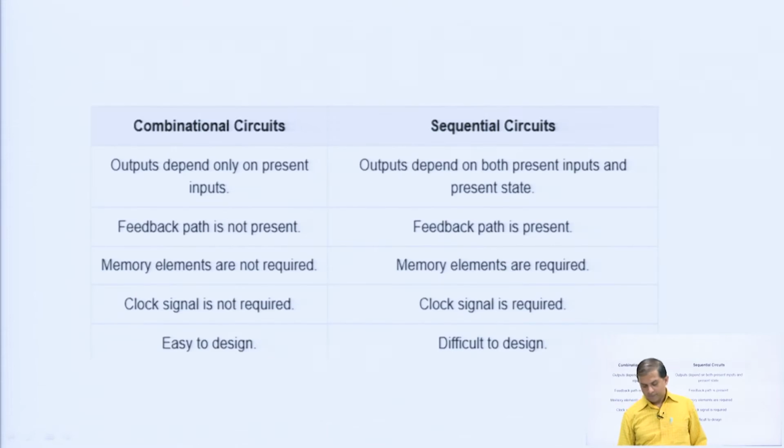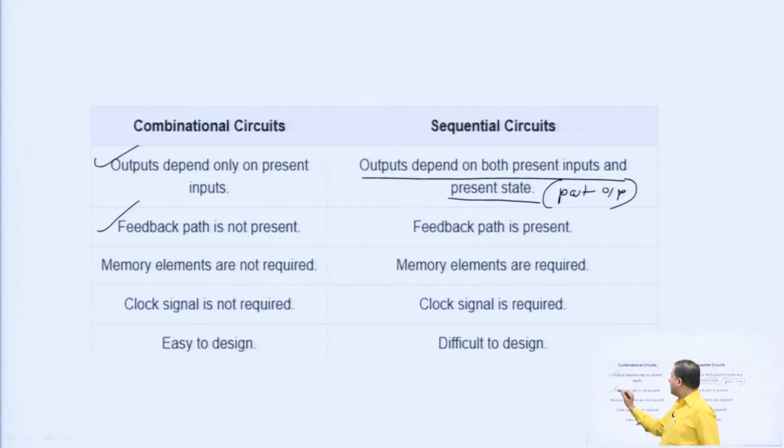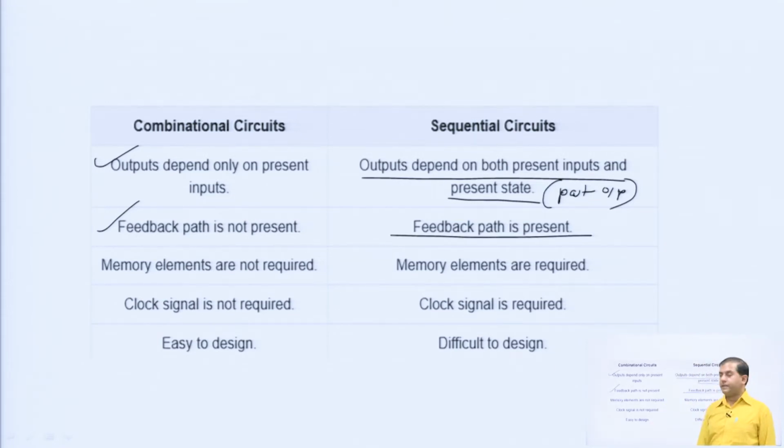Next, what are the differences? Already I have told that output depends on the present input in the case of a combinational circuit. For a sequential circuit, output depends on both the present input and the present state, which you can say is the past output. In combinational circuits feedback is not present, but in sequential circuits a feedback path is present.